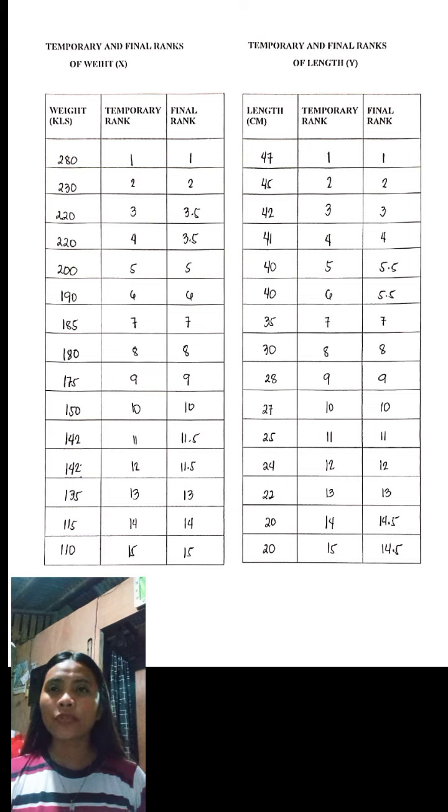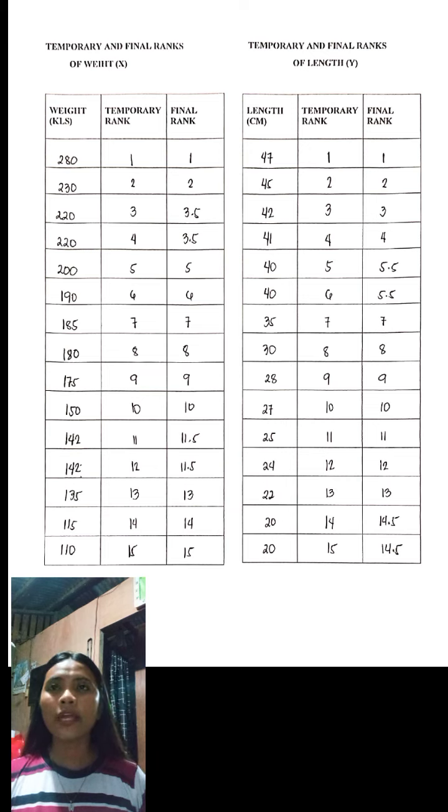And for 230 kilos, as you can see, we have the temporary rank of 2 and the final rank of 2. And for the 220 kilos, we have the temporary rank of 3 and the final rank of 3.5. And for the next one, we have still 220 kilos and 4 as our temporary rank, and 3.5 as our final rank.